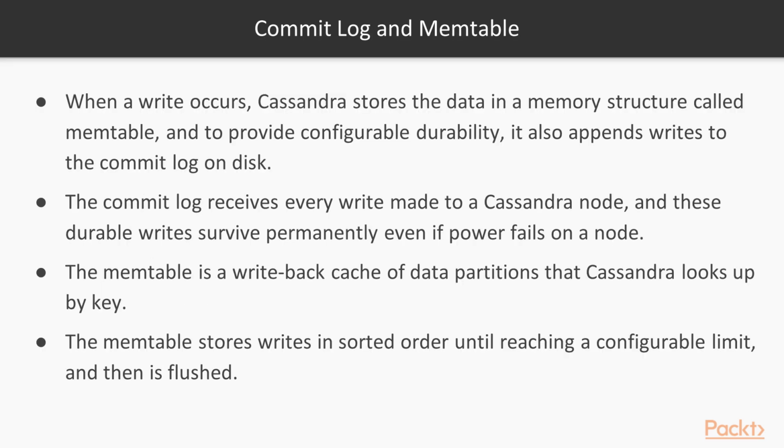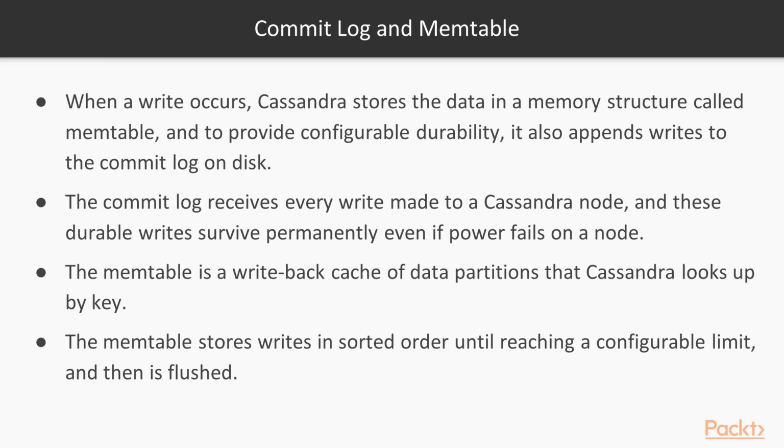When a write in Cassandra occurs, the Cassandra database stores the data in a memory structure called memtable, and it uses that to provide configurable durability. It also appends writes to the commit log on disk. The commit log receives every write made to a Cassandra node, and these durable writes survive permanently even if power fails on a node.